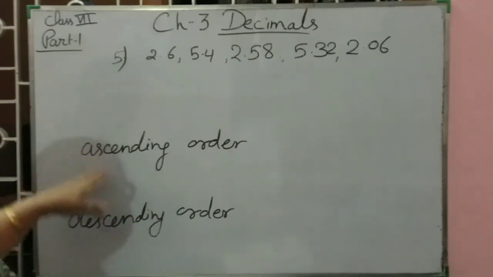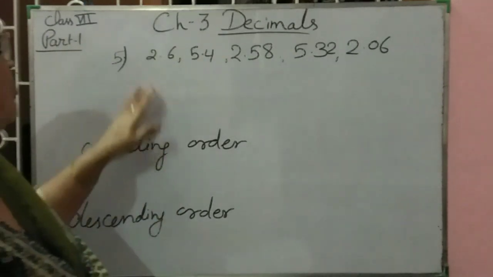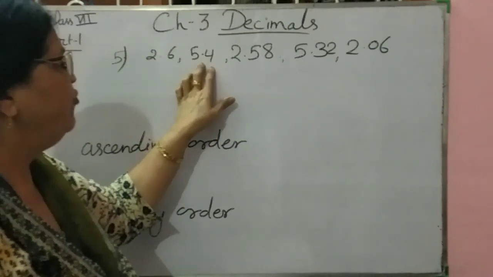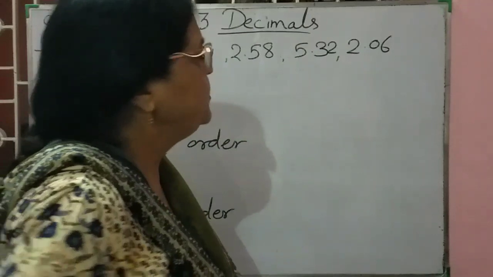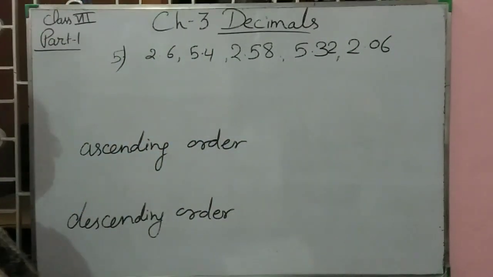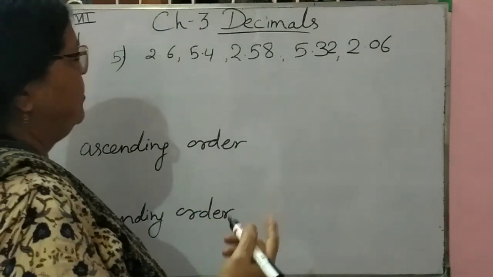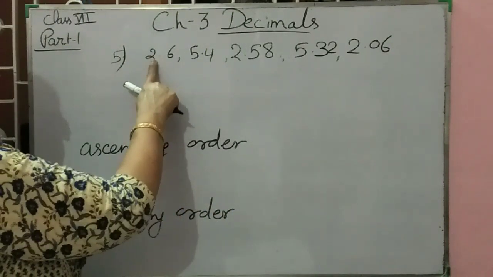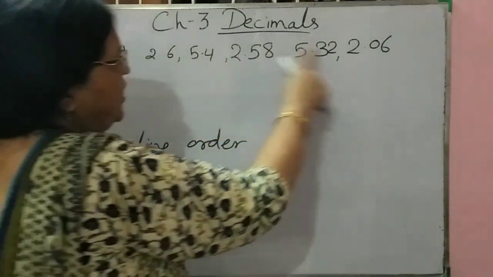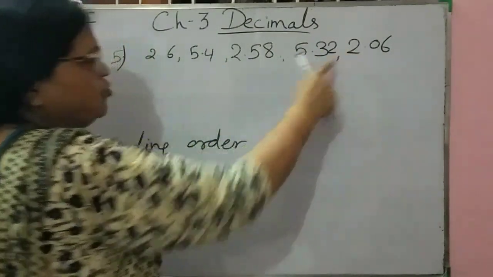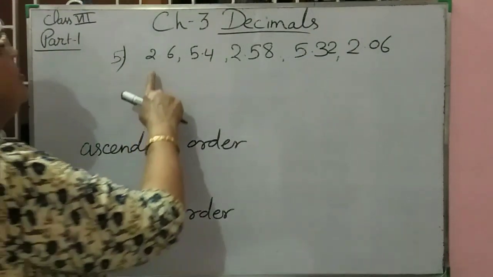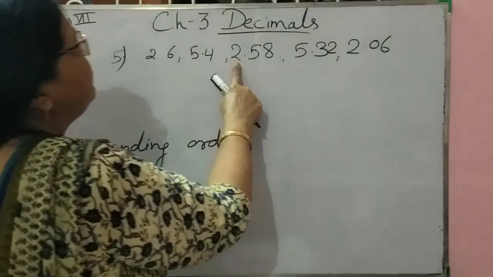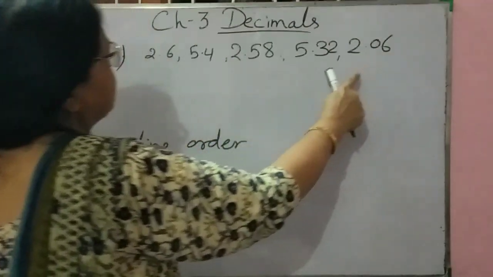Now next question is write down in ascending and descending order. Question is 2.6, 5.4, 2.58, 5.382 and 2.06. इसमें सबसे पहले आपने देखना है होल नंबर. Here is 2, here is 2 and here is again 2. Now 2.6, 2.58 and 2.06.